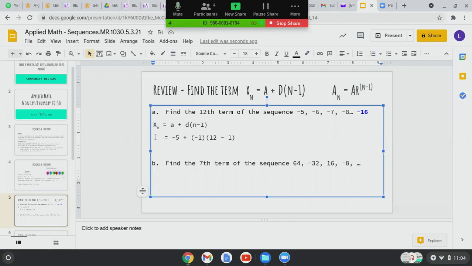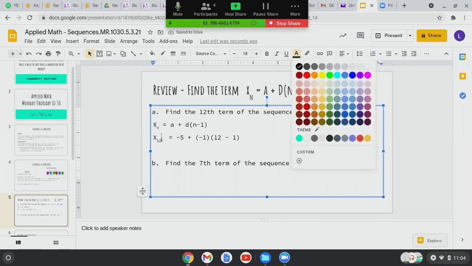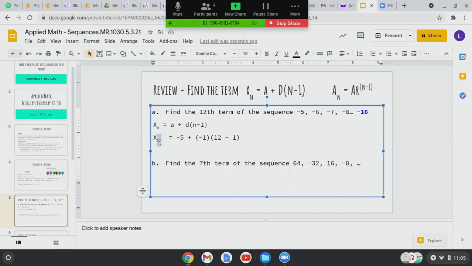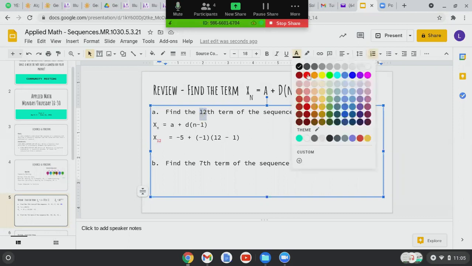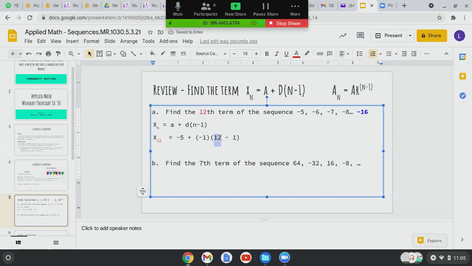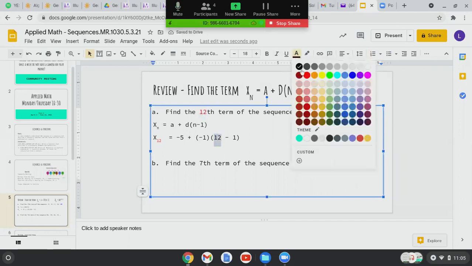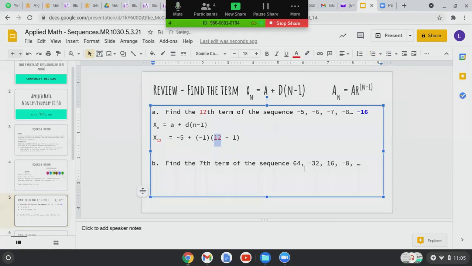All right, so we are looking for the 12th term. So remember, here is our 12, because that's the term we're looking for. Change it to 12. And that's where this 12 came from. All right, so let's do the math.